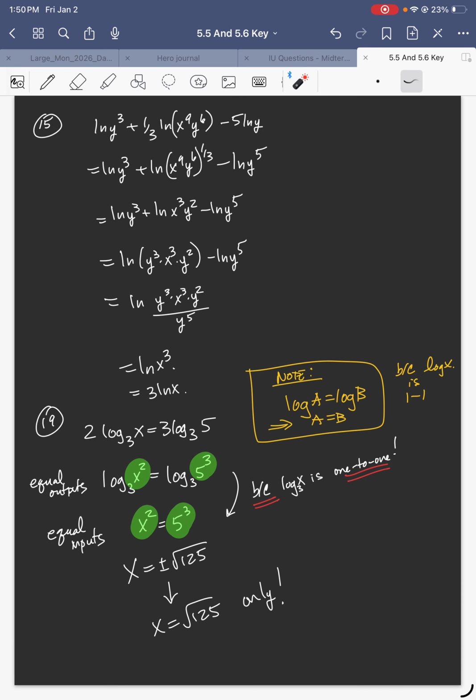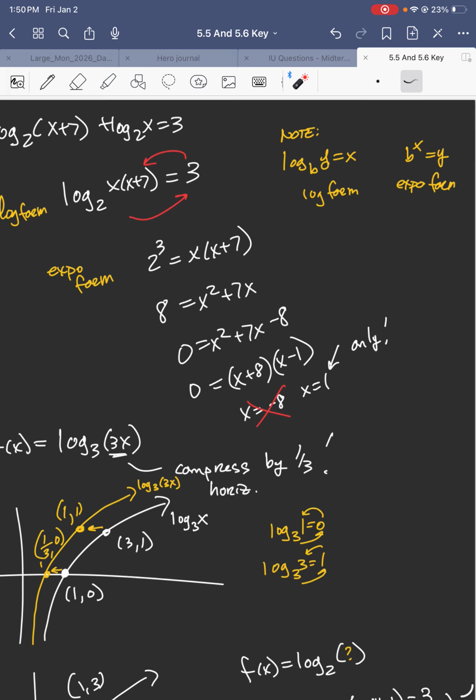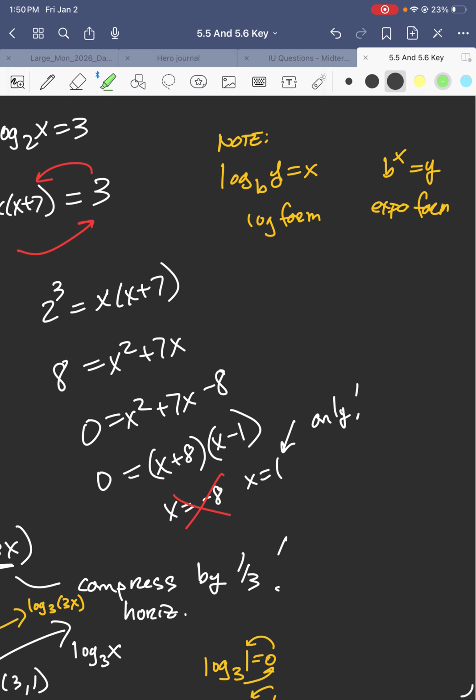The other thing we said is that if A is equal to B, then log of A is equal to log of B, because log is a function. So in a sense, I could just do arrows this way. These are always the same thing. But then the other really cool tool was going back and forth between log form and exponential form.